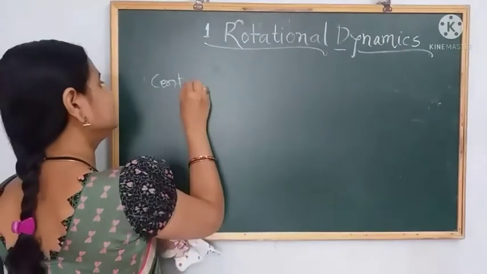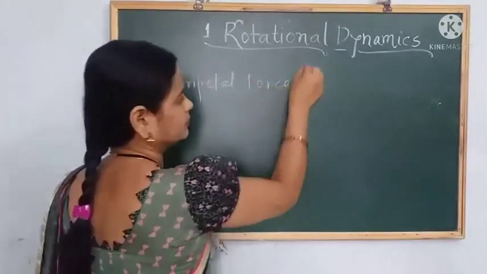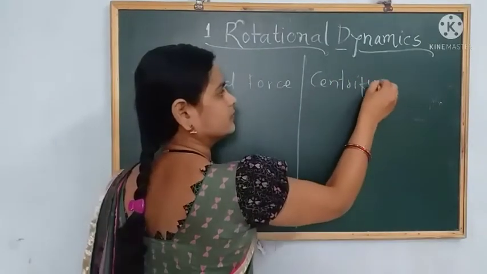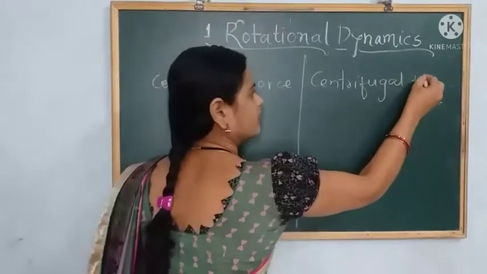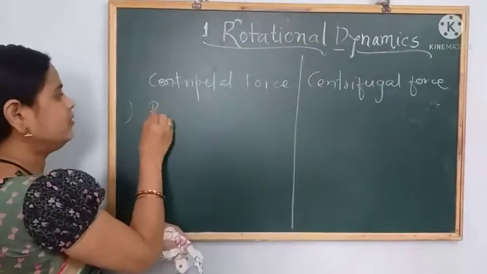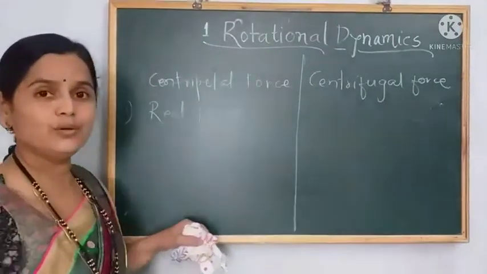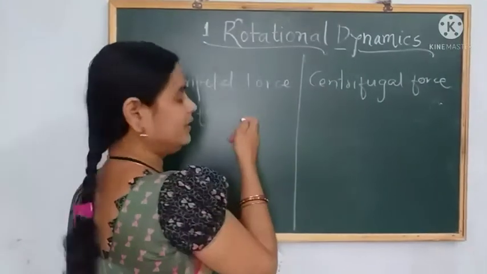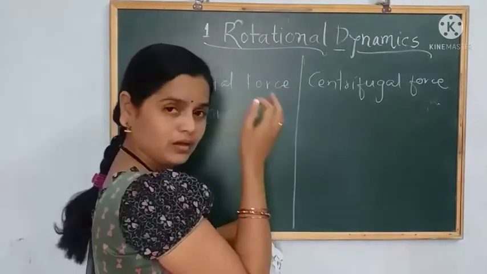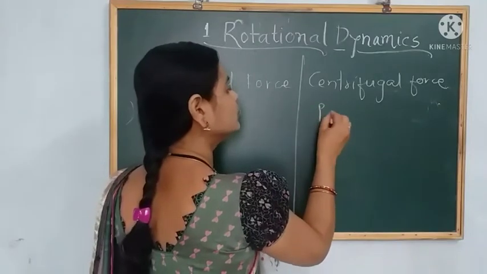We can write here, first of all, that centripetal force is a real force because it arises due to known interactions, like gravitational force, electromagnetic forces or nuclear force, whereas centrifugal force is a pseudo force.